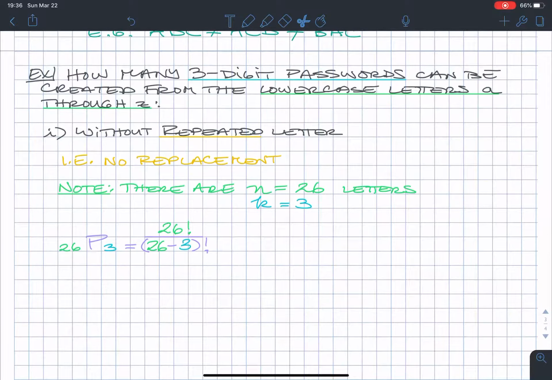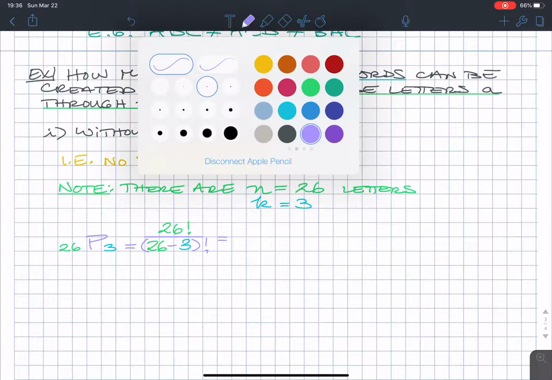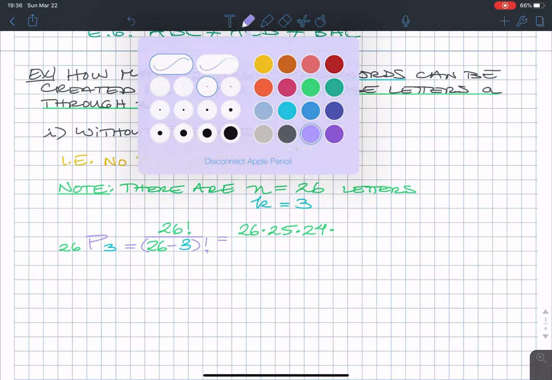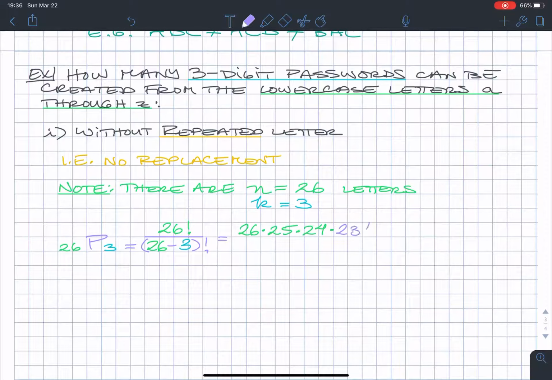Okay, so how can I simplify this? Well, 26 factorial is 26 times 25 times 24 times, I claim that I can write the rest of that as 23 factorial, right? And I'm going to divide all of that by, what's 26 minus 3?